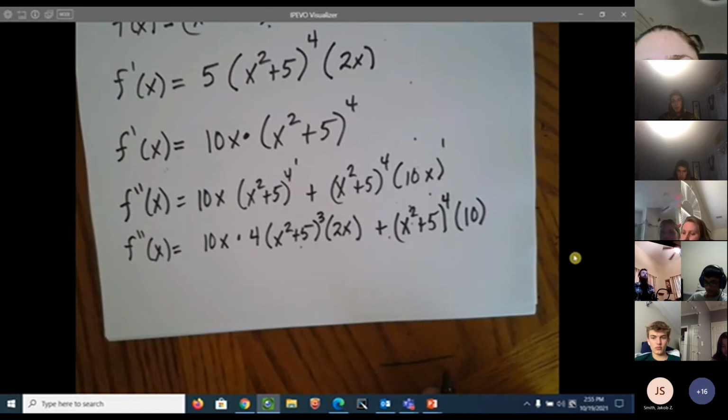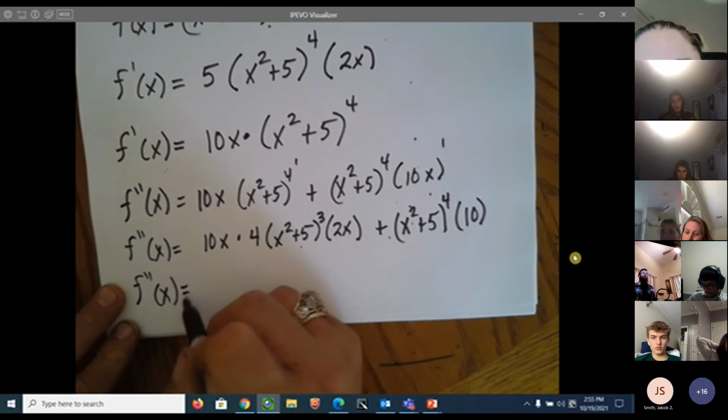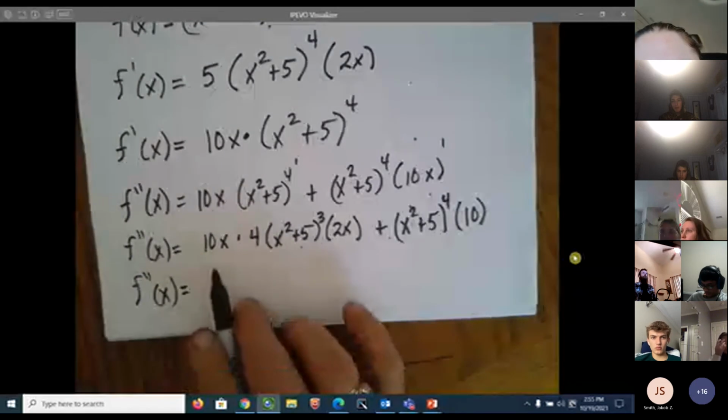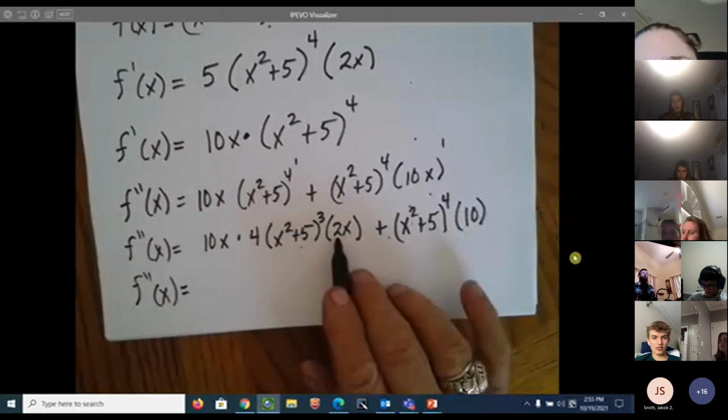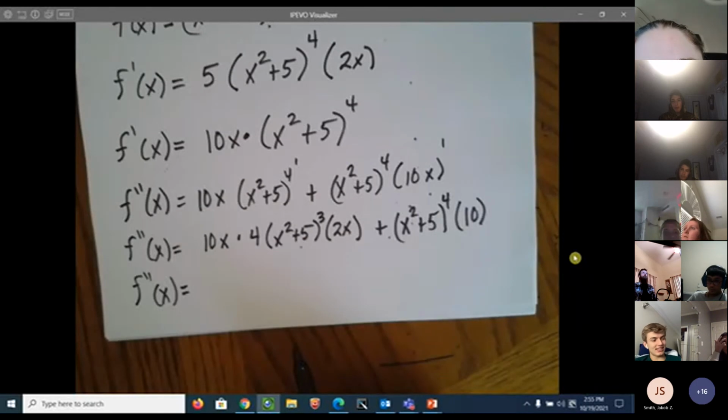New Facebook comment. F double prime of x, 10x times 2x times 4, 20x squared, that'd be 80x squared. Somebody help me out. 2 times 10 is 20.